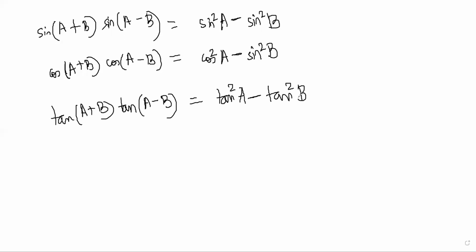Try to prove these three identities, starting from the first one. So that's (a plus b) into (a minus b) equals a square minus b square, right?